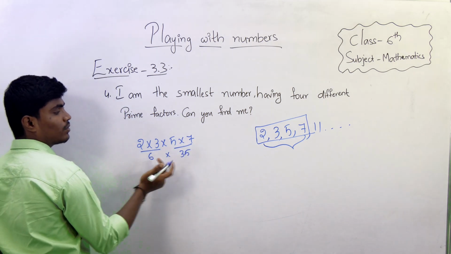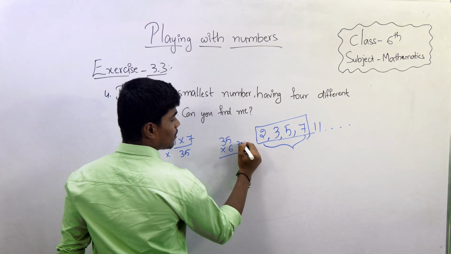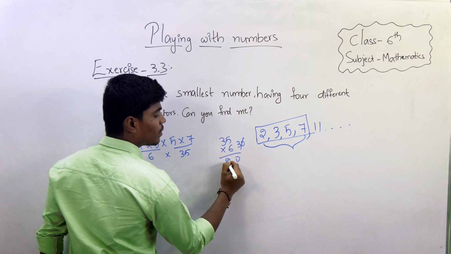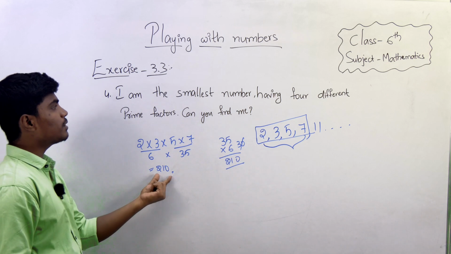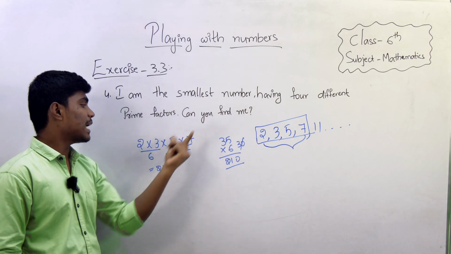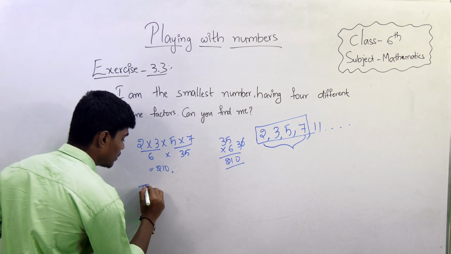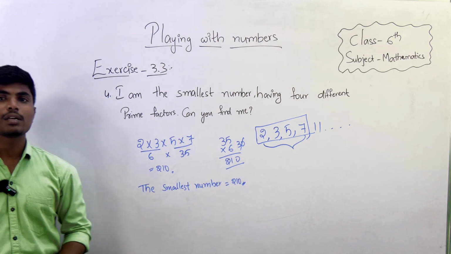Now 35 into 6: 6 fives are 30, 6 threes are 18, so the result is 210. So this is the smallest number which has 4 different prime factors. The smallest number is 210. With this, our exercise 3.3 is completed.